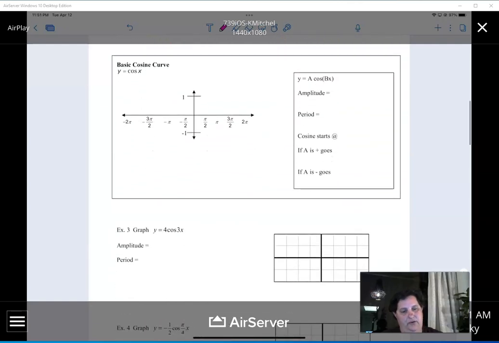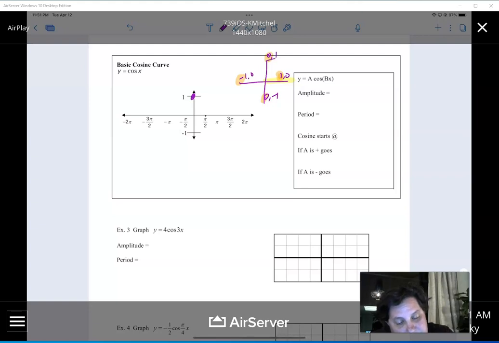Let's take a look at cosine. All right. Again, if I go back to 1, 0, 0, 1, -1, 0, 0, -1. Okay, and if I talk about it, cosine is the x-coordinate. All right. So at 0, it's at 1.